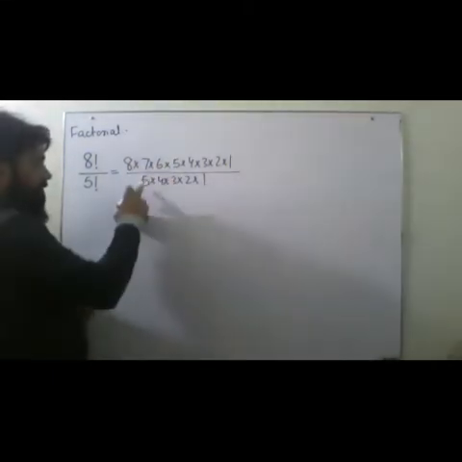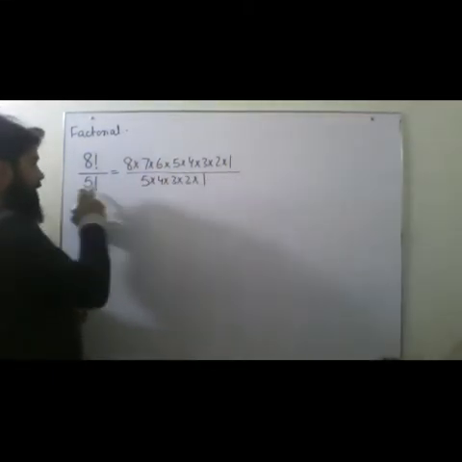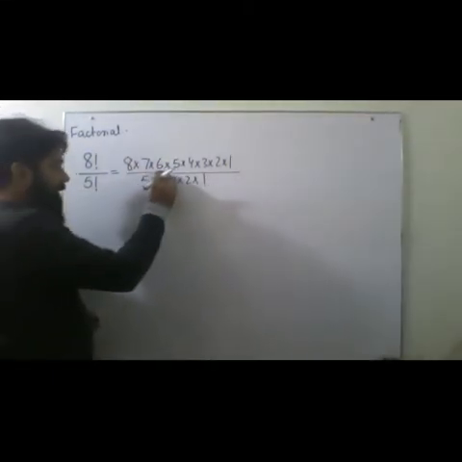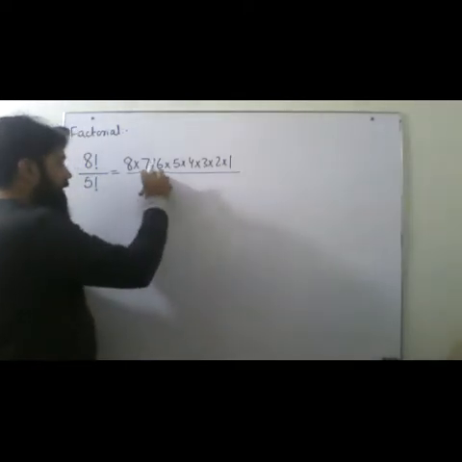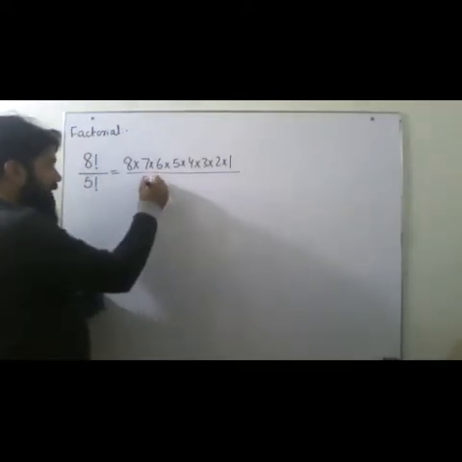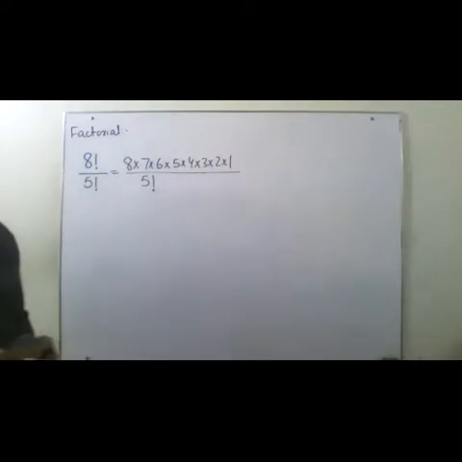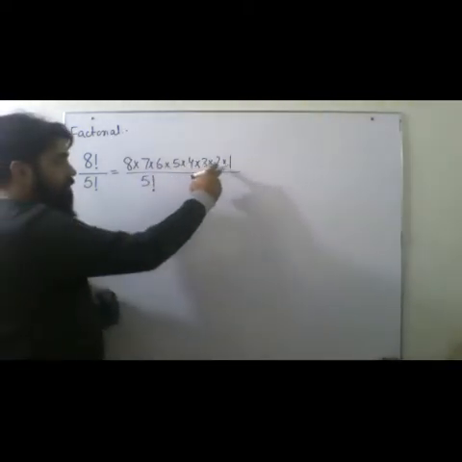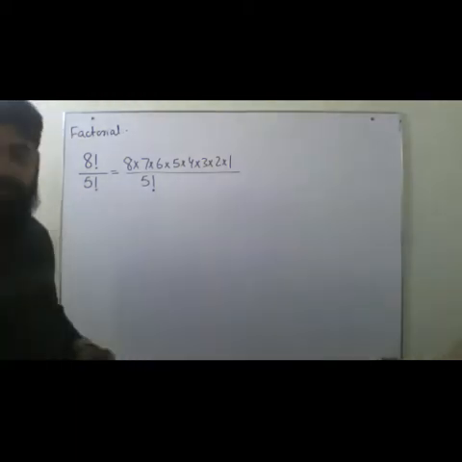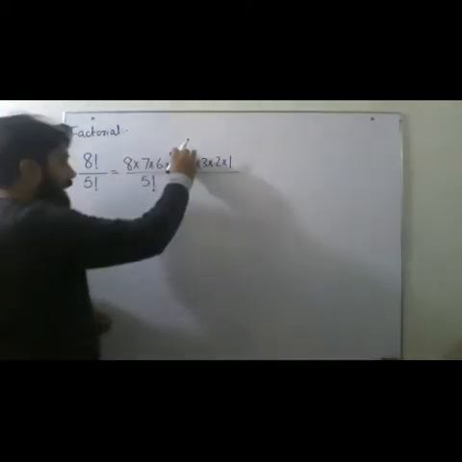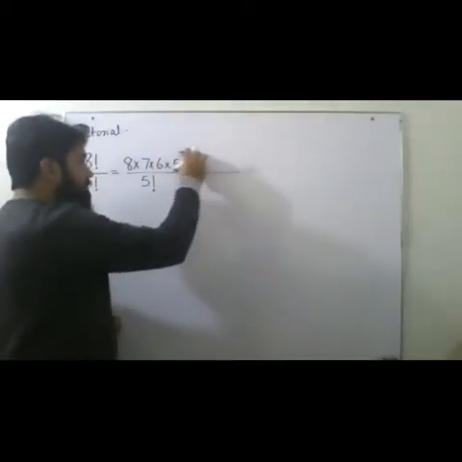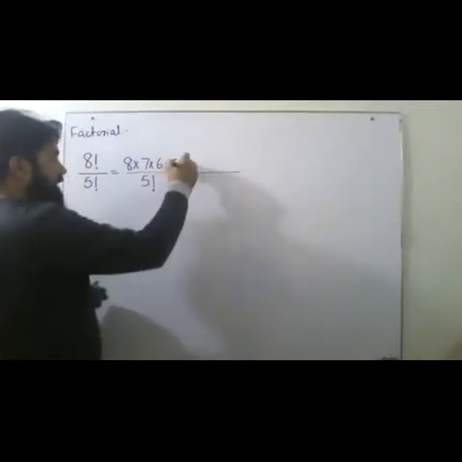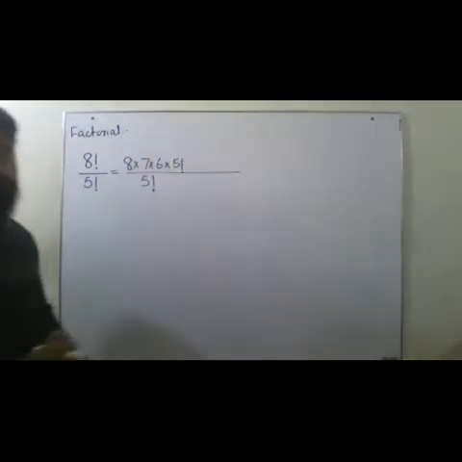Or I don't want to do it like this. 5, 4, 3, 2, 1 equals 5 factorial. I don't want to write it in expanded form. I want to keep it as 5 factorial.